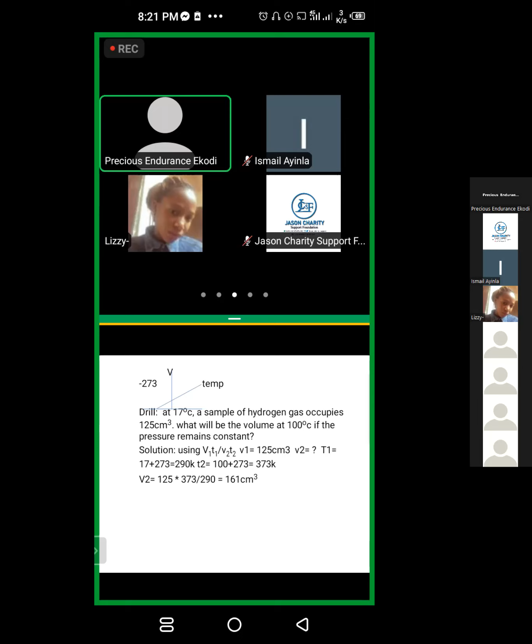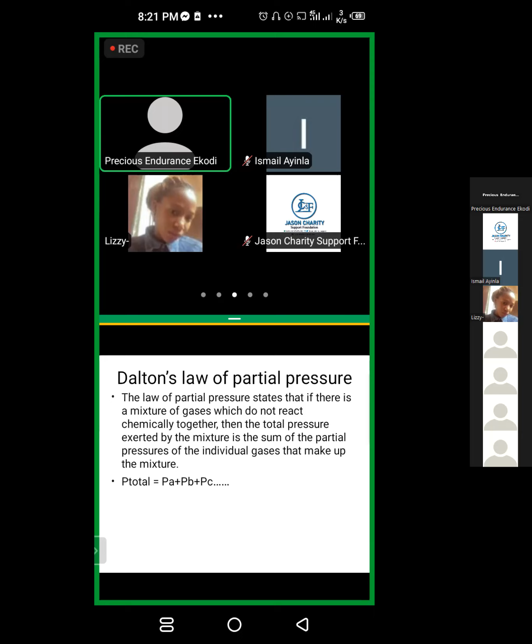So we move. Next, Dalton's law of partial pressure. This law is very simple. This law states that if there is a mixture of gases that are not combined chemically together, then the total pressure exerted is a sum of the partial pressures, or the individual pressures, that make up the mixture. Say, for example, we have three gases, hydrogen, oxygen, and nitrogen, that form a mixture.